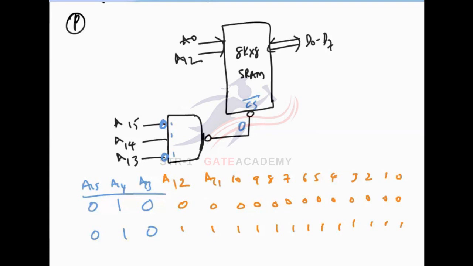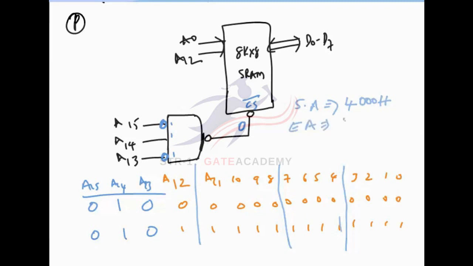Then I want it in hexadecimal format, that's why I'm converting into hexadecimal. 4 bits are separated. Then what is the starting address location? 0100 0000 0000 0000 is 4000H. The ending address is 0101 1111 1111 1111, that is 5FFFH.